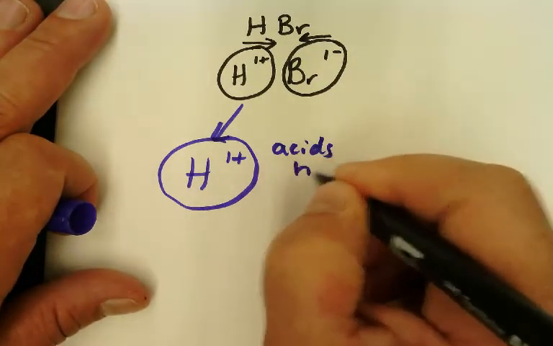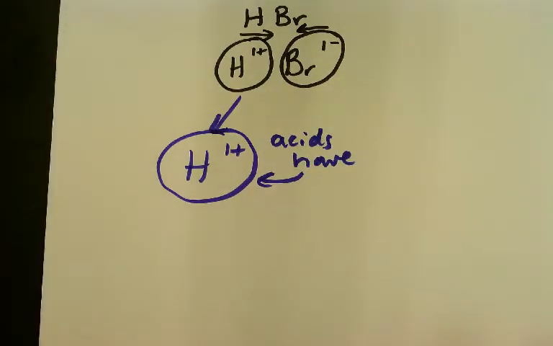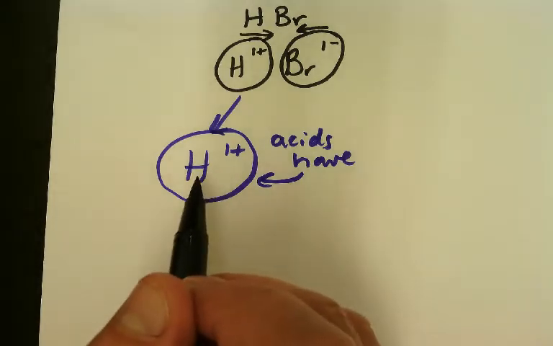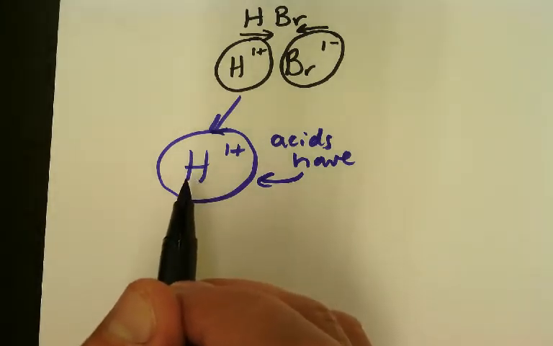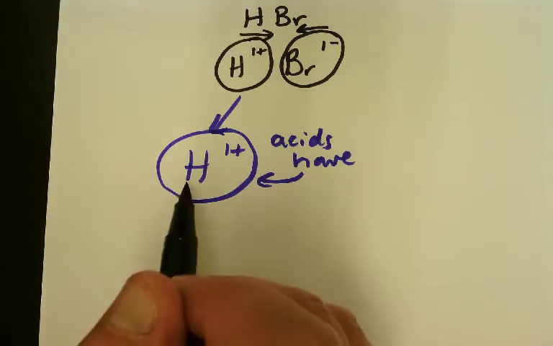Acids have these H+, these hydrogen ions. The stronger the acid, the more H+ there are. The weaker the acid, the less H+.